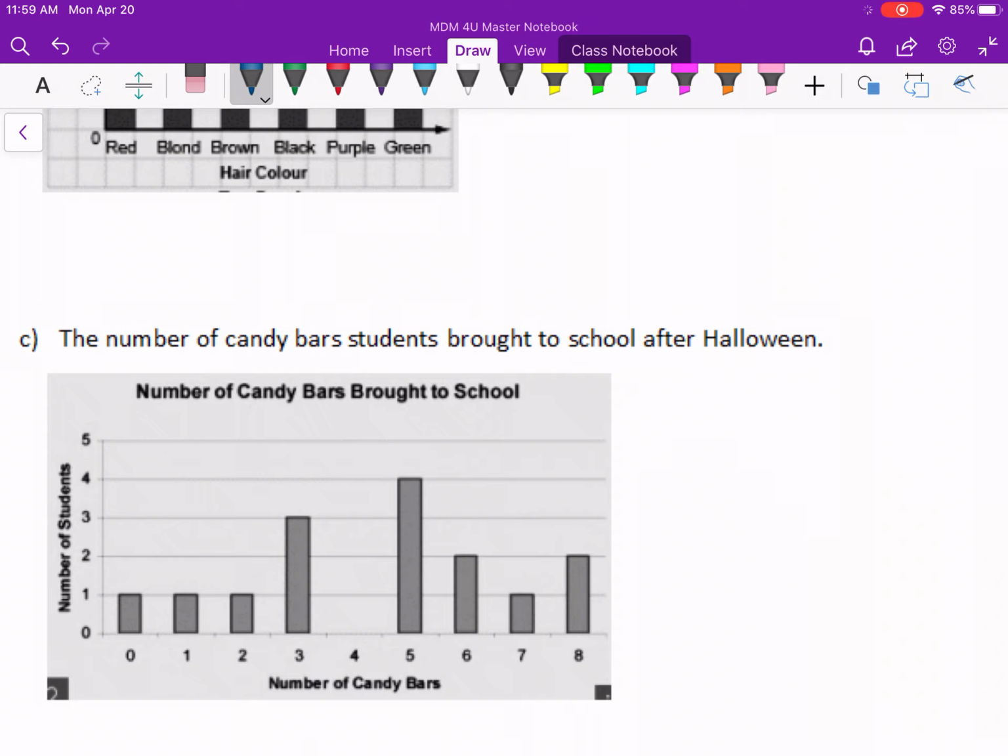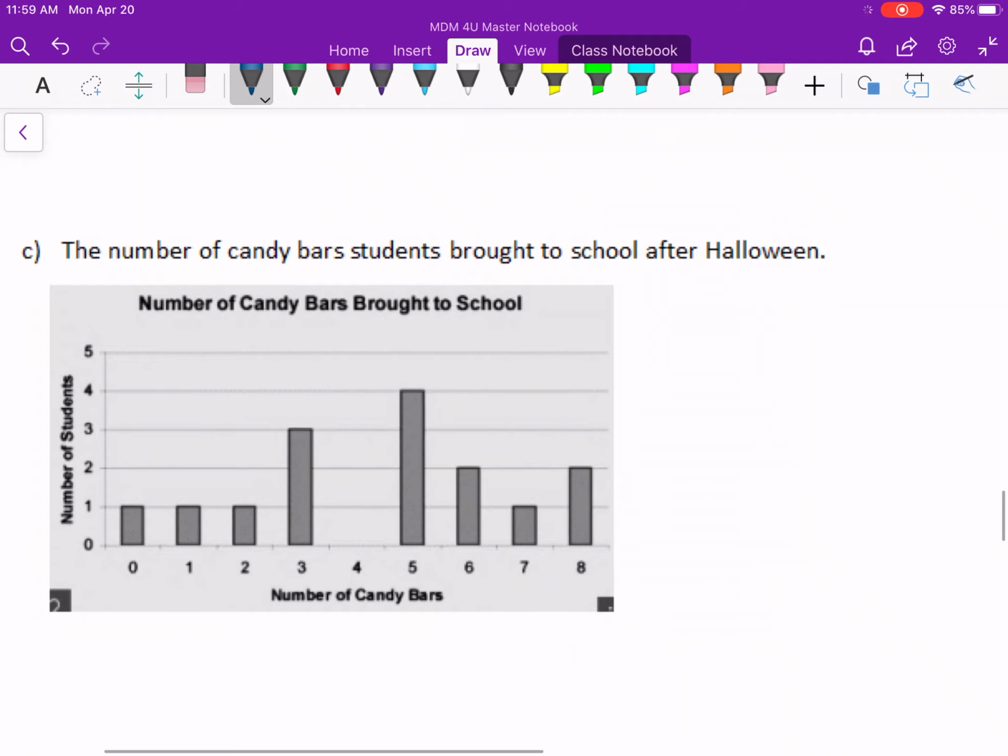The number of candy bars students brought to the school after Halloween. Again, this one looks like a bar graph, just at a glance. When I look at the horizontal axis, the variable is number of candy bars, right? So I would say this is numerical.